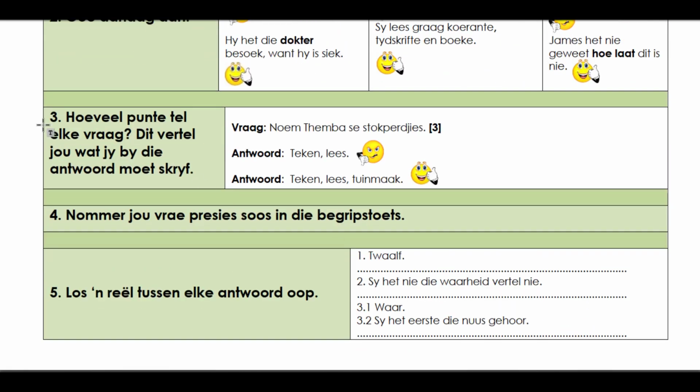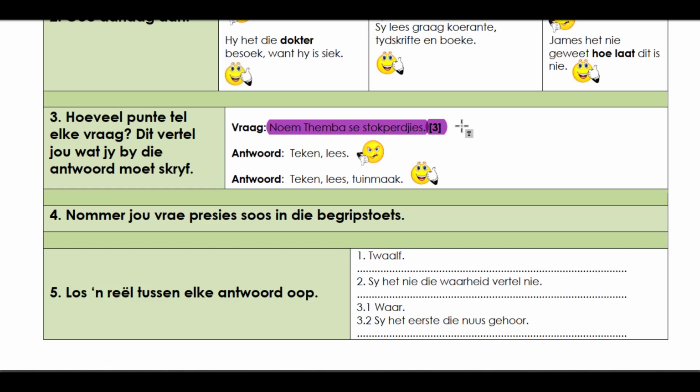Dan onthou julle het ek gesê ons moet kyk hoeveel punte elke vraag tel. We have to look at the mark allocation. Dit vertel jou wat jy by die antwoord moet skryf, because this will tell you how much you need to write as your answer. So as die vraag sê noem Themba se stokperdjies en dit is 3 punte werd, dan kan jy nie net een van Themba se stokperdjies noem nie, jy gaan 3 stokperdjies moet noem.